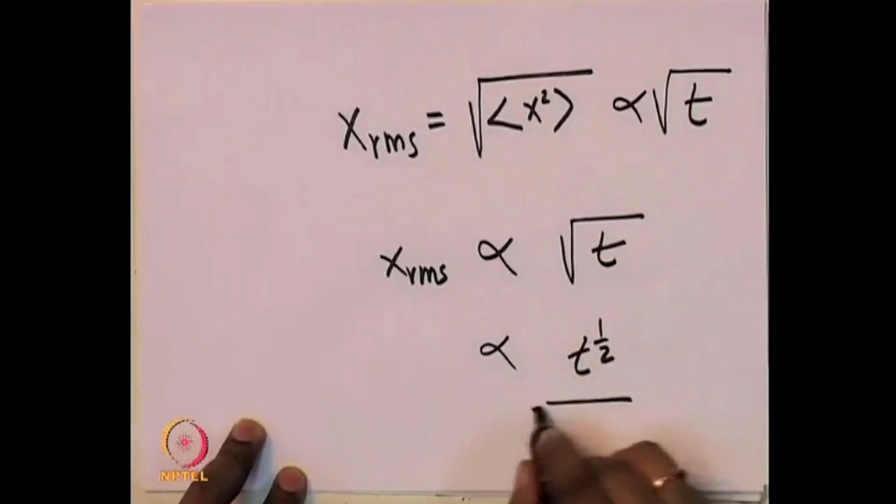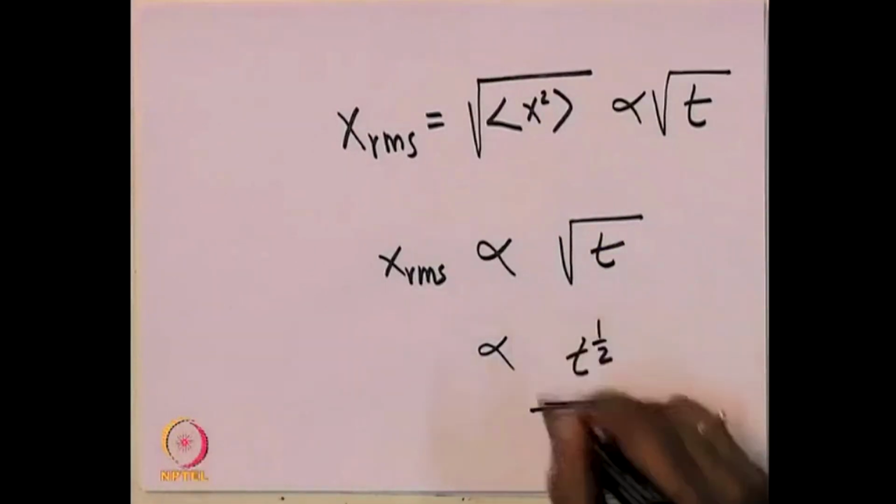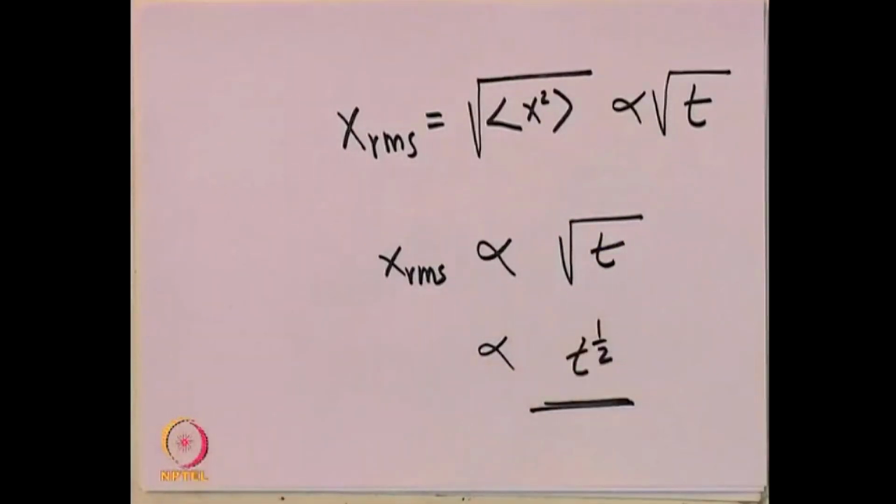This t power half is kind of synonymous with diffusion, one would say. Something moving like t power half, like the square root of time, is called diffusive motion. So this is an important relation as far as diffusion is concerned.